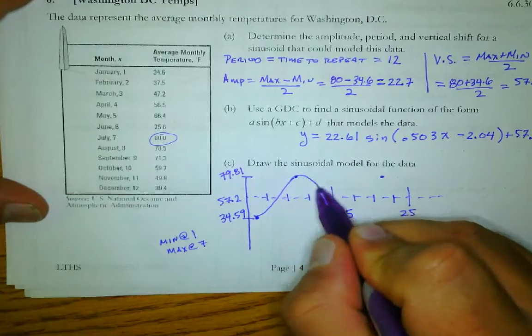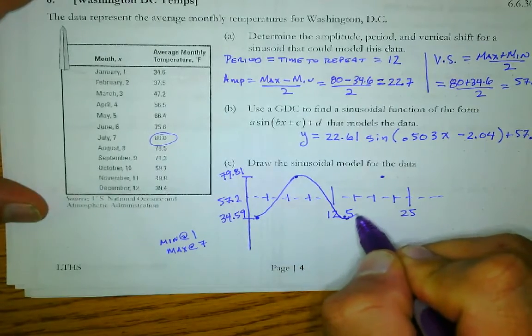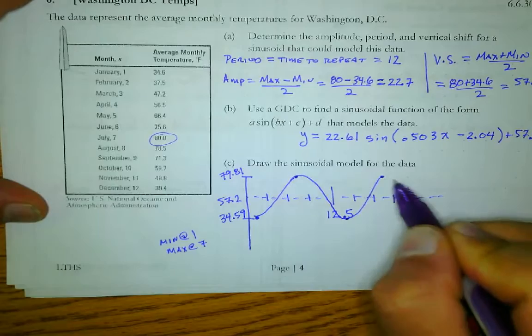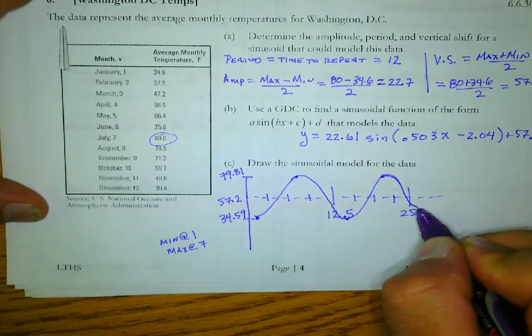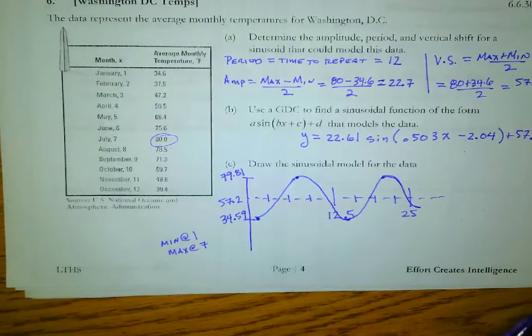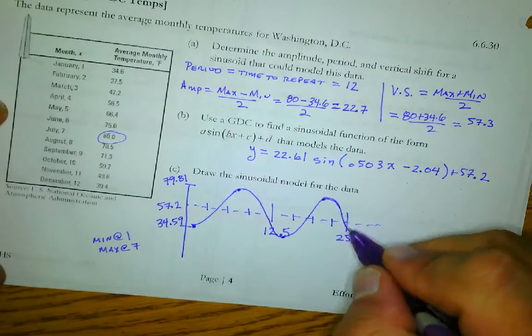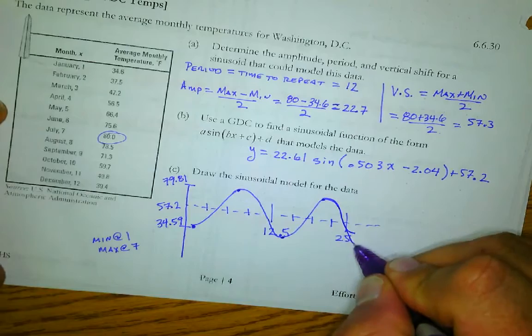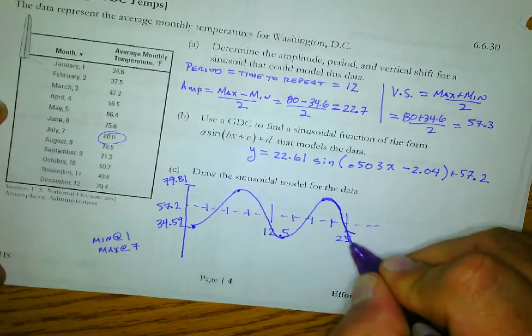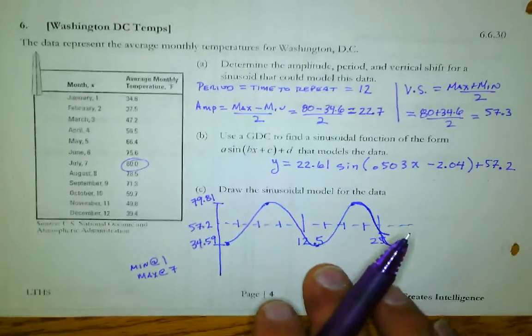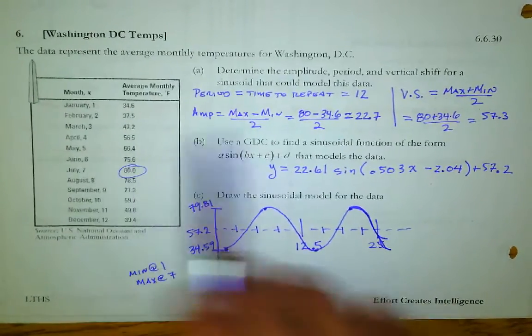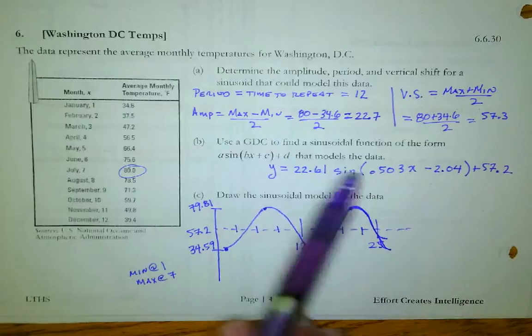And I can come over and draw 2 periods of my graph, right? Doesn't have to be perfect, right? But generally speaking, the better you can make it look, the better it's going to be for you, okay? So that's an example from a table getting this information, right?